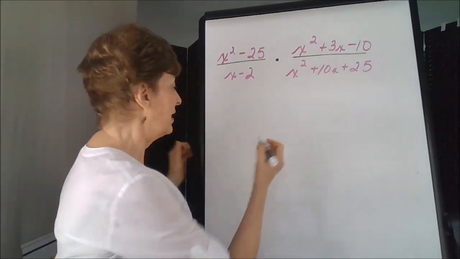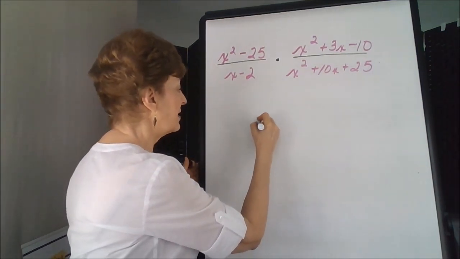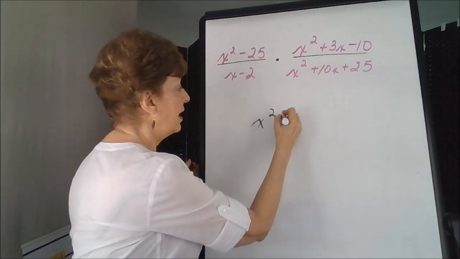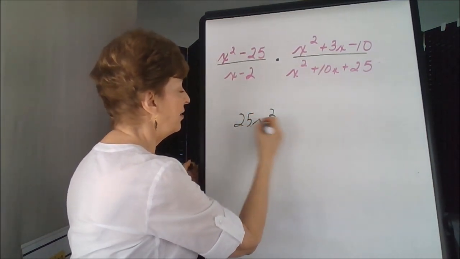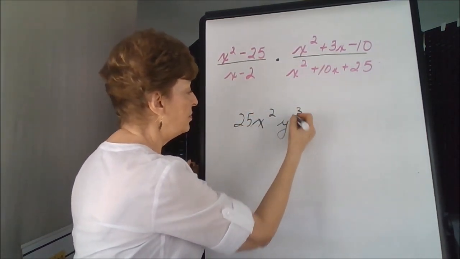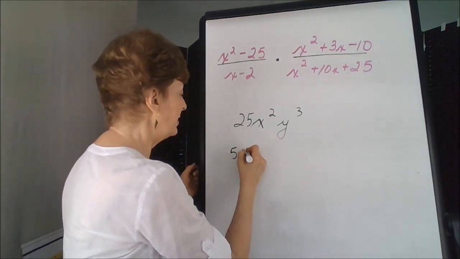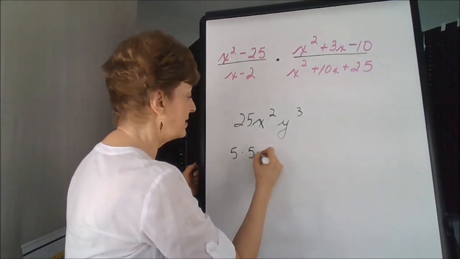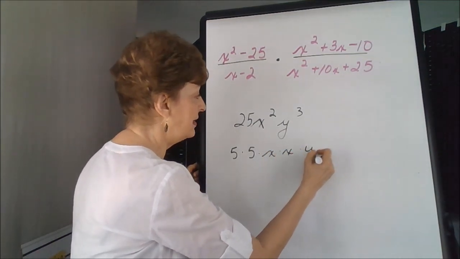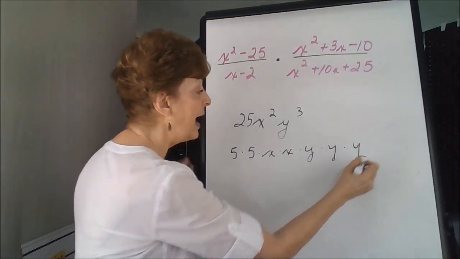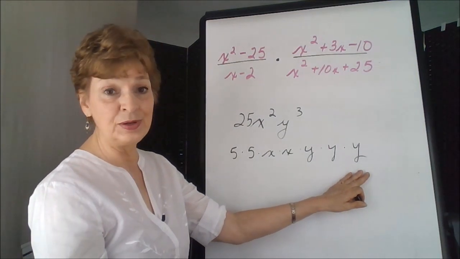If you had something like this, x squared, 25x squared y cubed, you could separate this out as 5 times 5 times x times x times y times y times y, and they could all be used individually.